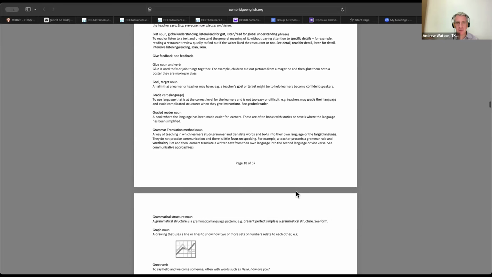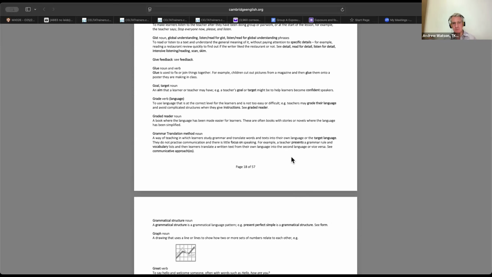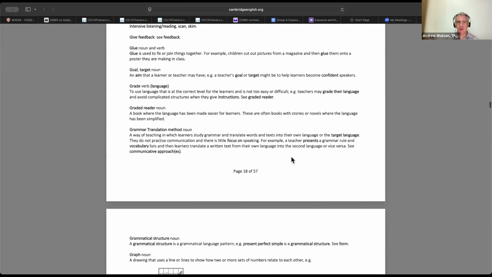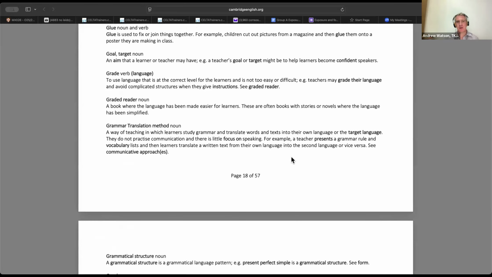So if we look in the TKT glossary, it says, this is a way of teaching in which learners study grammar and translate words and texts into their own language or the target language. They do not practice communication, and there is little focus on speaking.